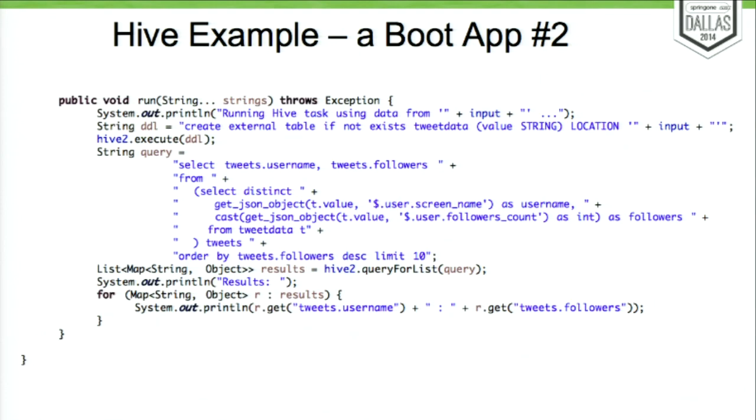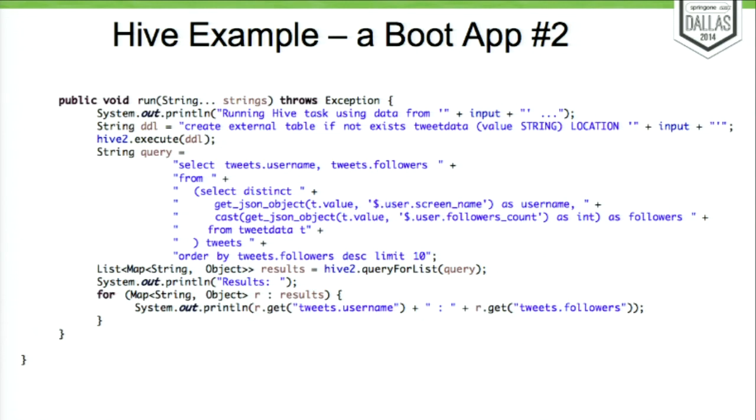Then I can run my select, and I use a get_json_object function that's part of Hive to pull out the screen name and the followers count. Then I order by the followers and limit it to 10.